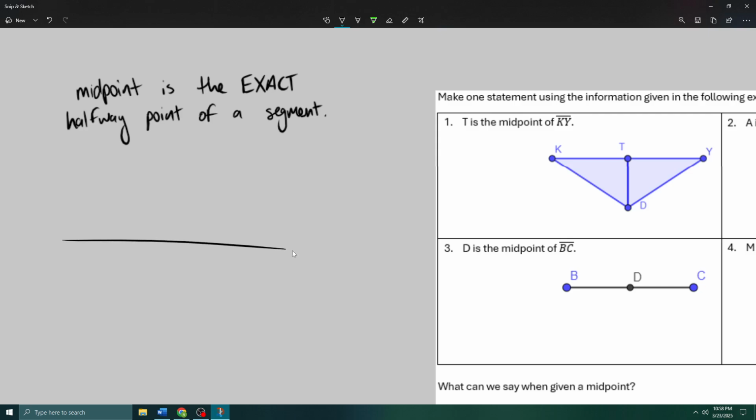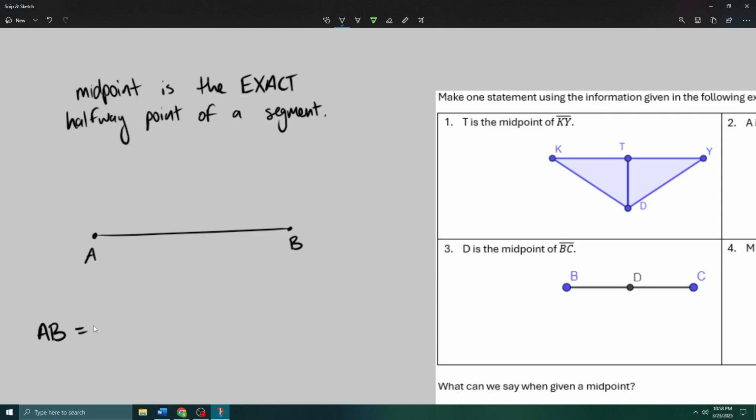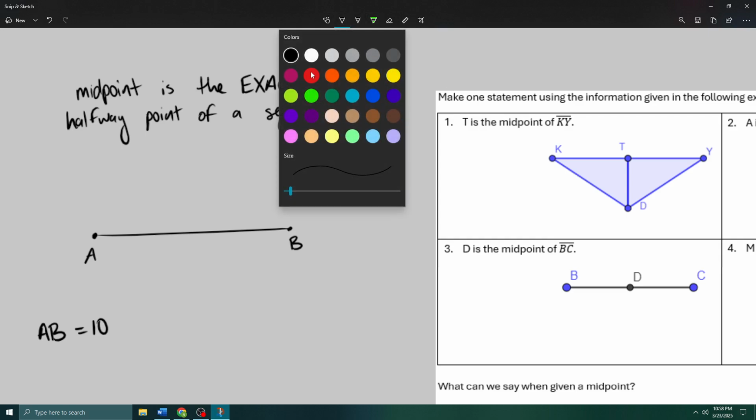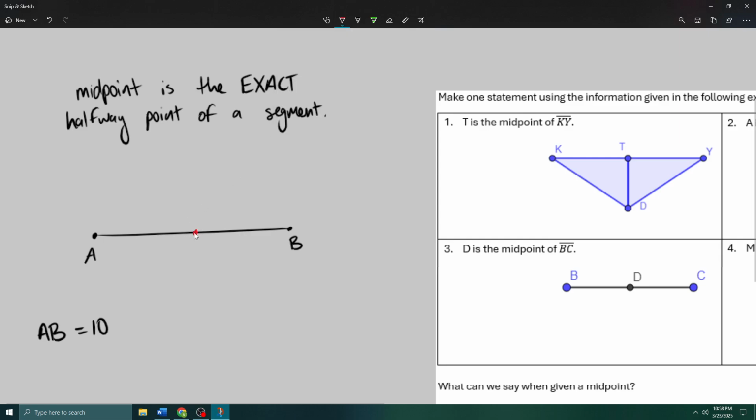So let's suppose, let me draw it a little bit better. Suppose that I have a segment. I'll call that AB. Right, and let's suppose that the length of AB is 10 feet, inches, it doesn't matter. Well, the midpoint of AB is going to be the exact halfway point.